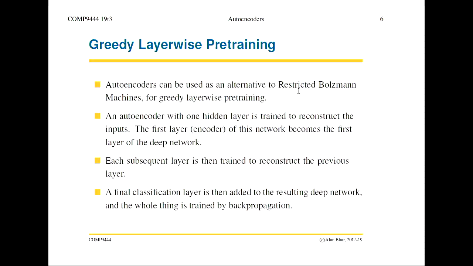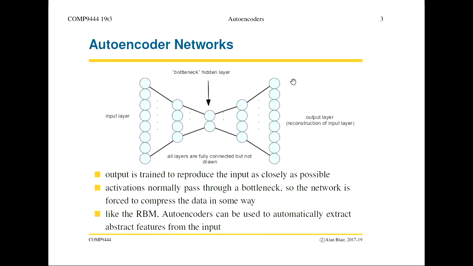Okay, now I said that there's a bottleneck in here. Now it depends. Sometimes there are literally fewer nodes, but with these convolutional networks, we looked at several different types of convolutional network for these image processing tasks.